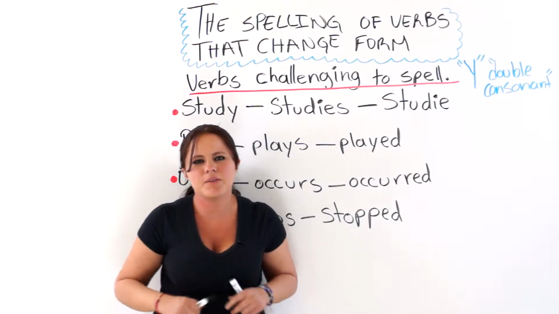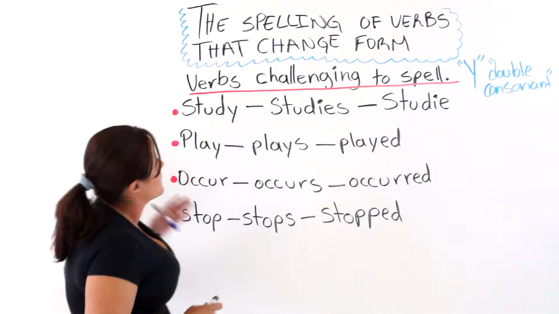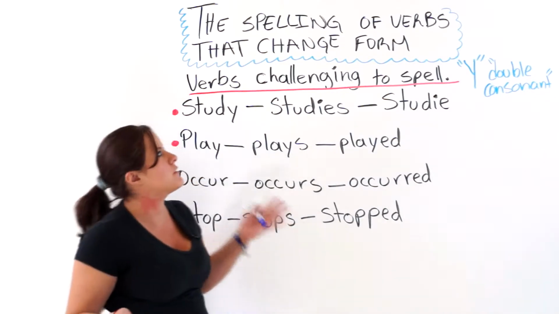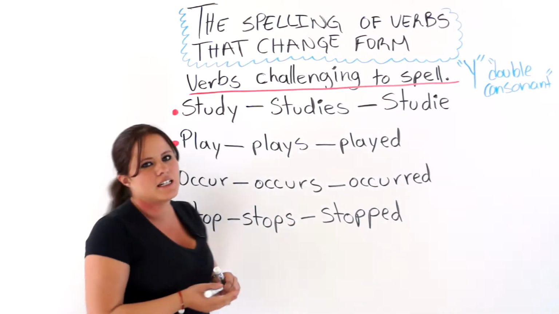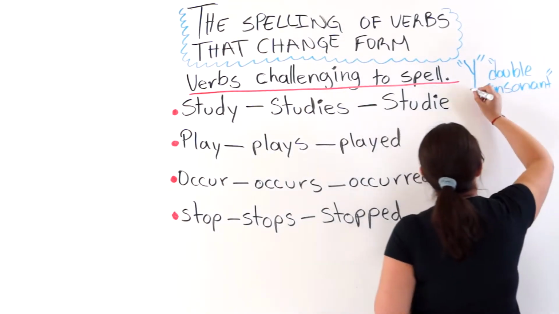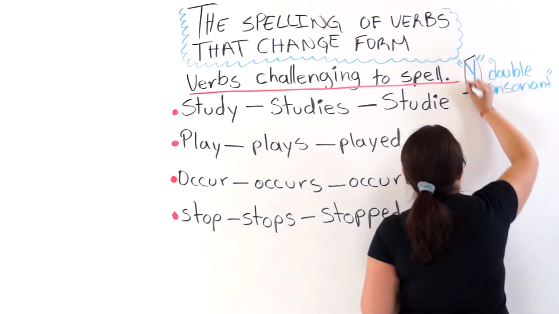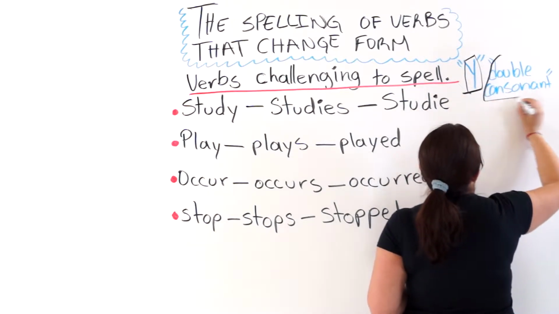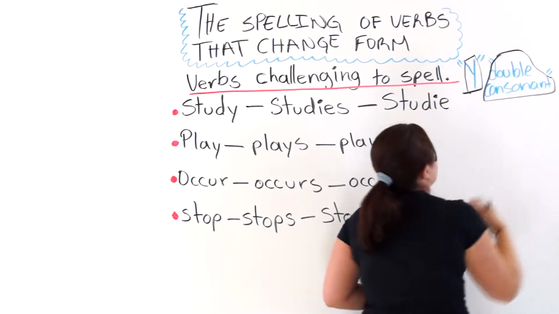In today's video, I will be talking to you about the spelling of verbs that change form. It is quite challenging. Today we are going to focus on verbs that end in Y or verbs that end in a double consonant.